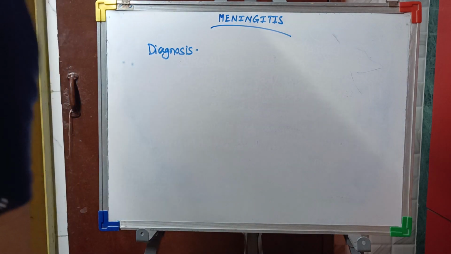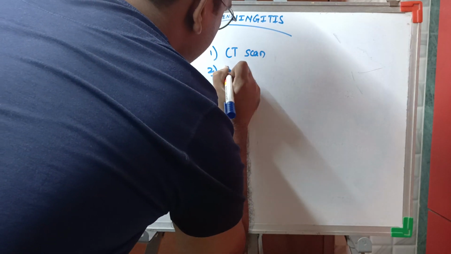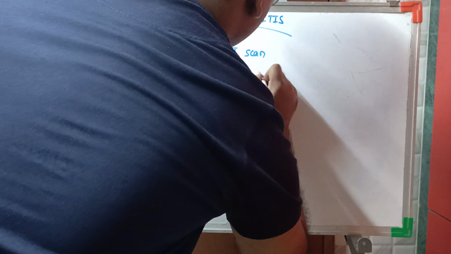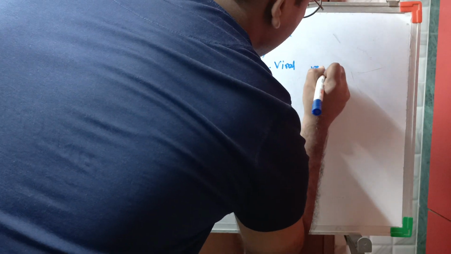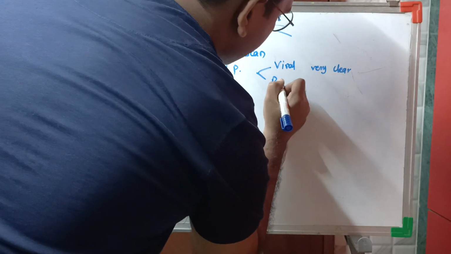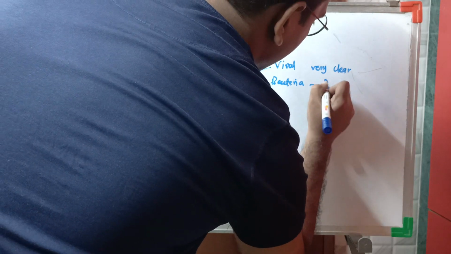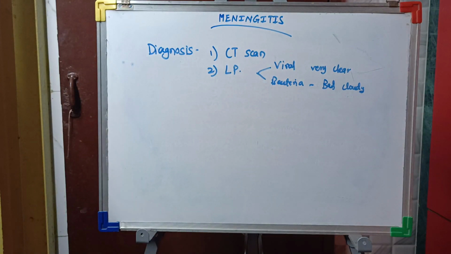Now we will focus on the diagnosis of meningitis. The first one is the CT scan. The second one is the lumbar puncture, also called a spinal tap. If it is a viral infection, the CSF is very clear, and if it is a bacterial infection, a bad, cloudy CSF can be seen on lumbar puncture.